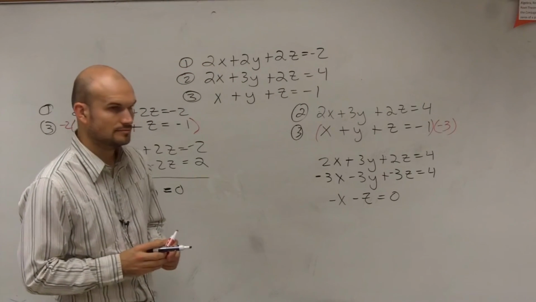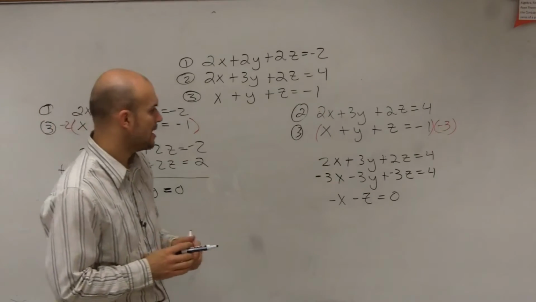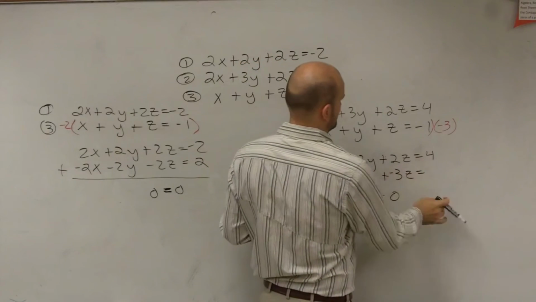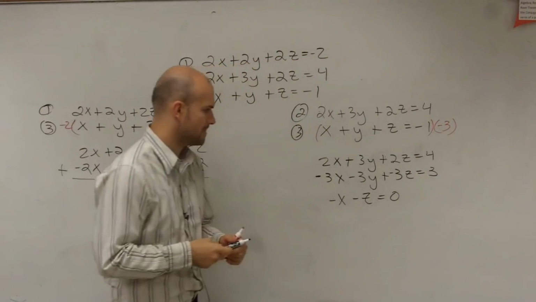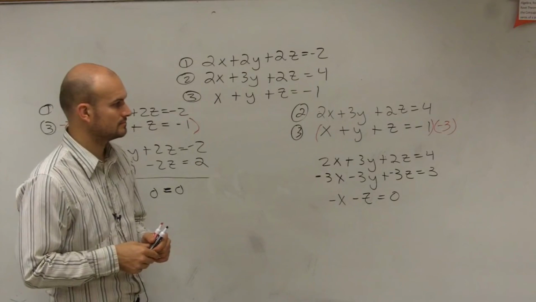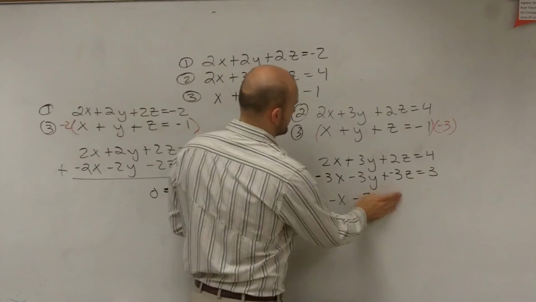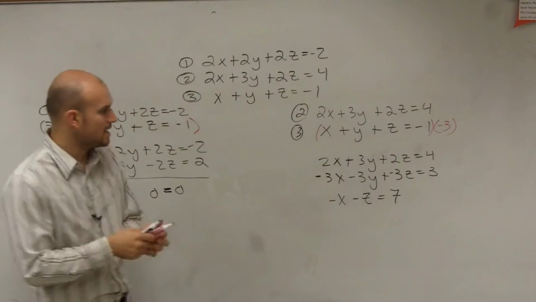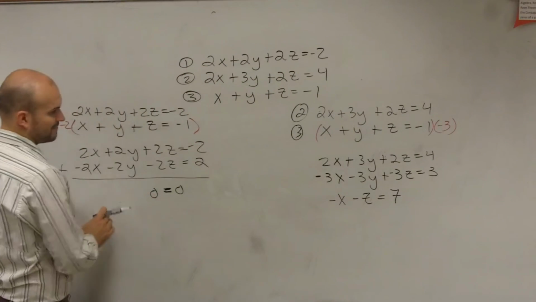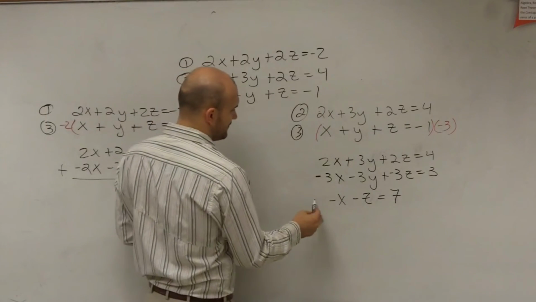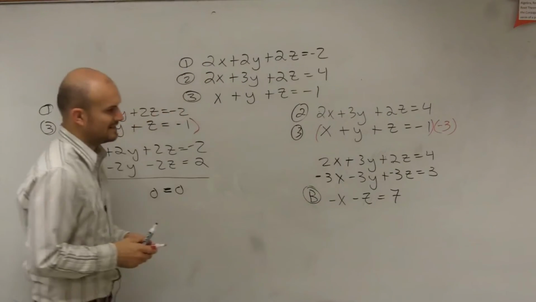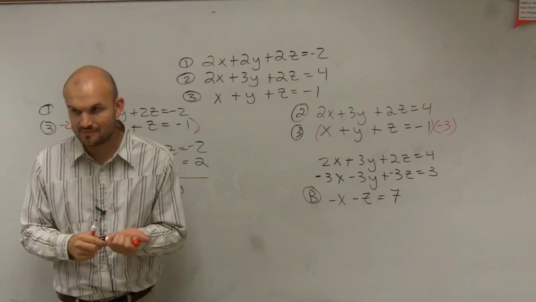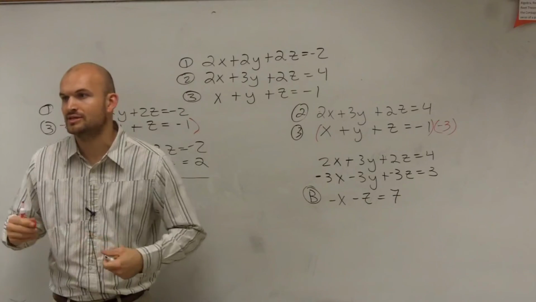I'm just showing you guys another step. That's a positive 3, right? Yeah, thank you. Wouldn't it be 7, not 0? Yeah. So now, when we add them, we get equation B: negative x minus z equals 7.